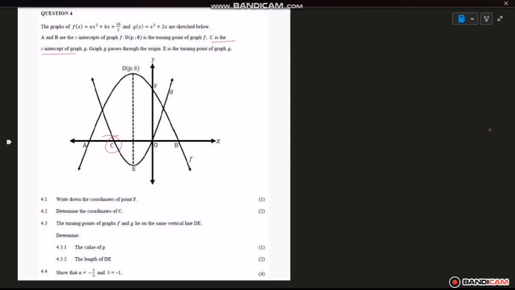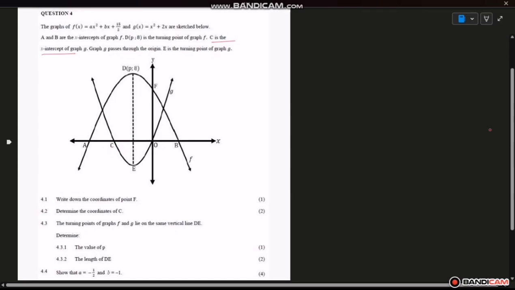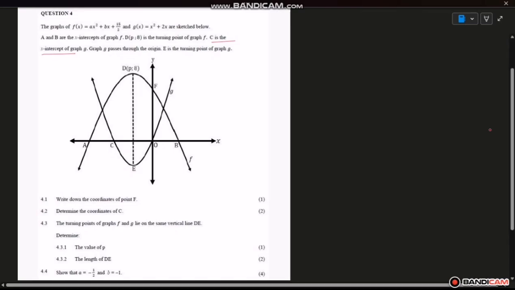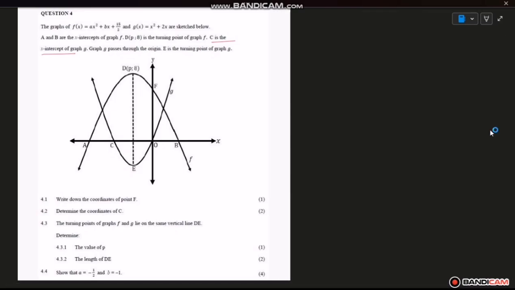C is the x-intercept of g. Then they say O is the origin. So since O and C are x-intercepts, E and the D that you are having here share the x value of the turning point. So that's very, very important for you to know.